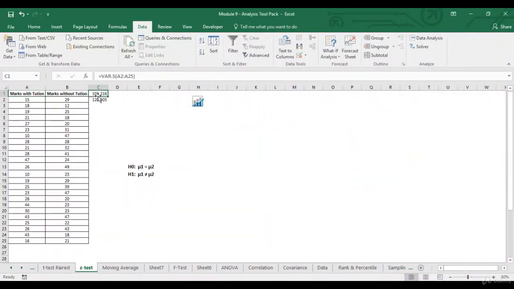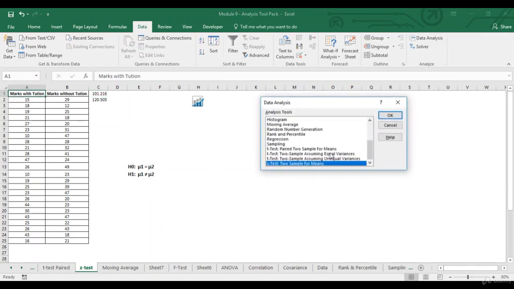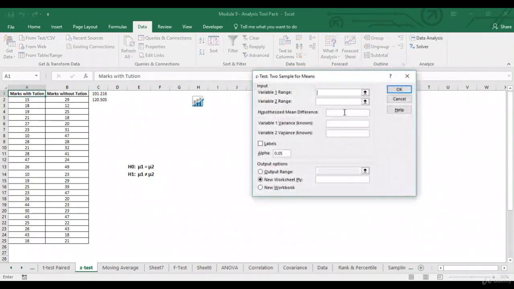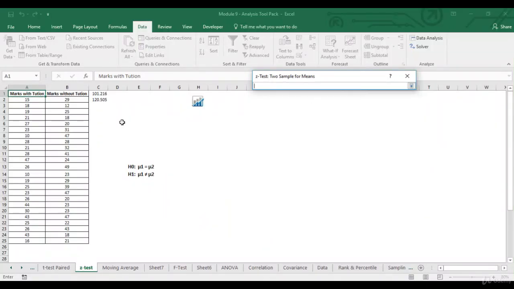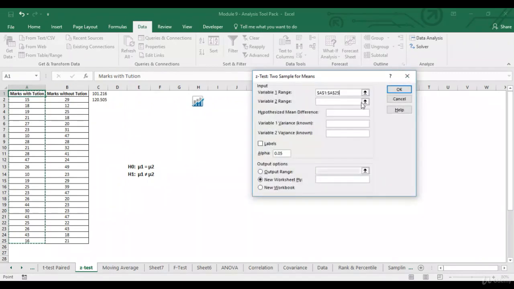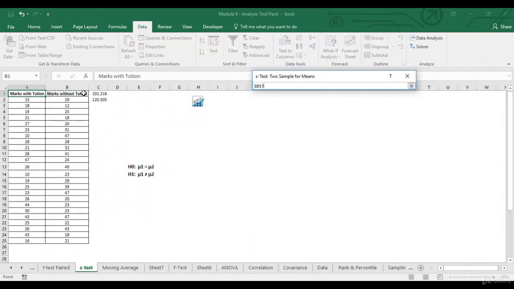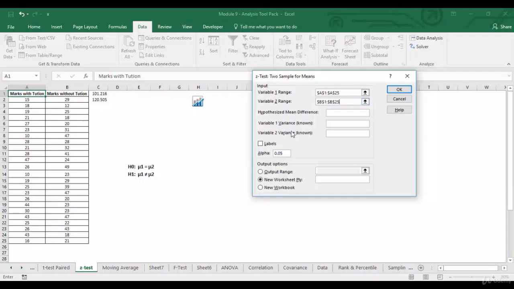So I've calculated the variance for both these samples using the formula VAR.S. So this will give the variance of the two populations. Let's go back. Variable one range, variable two range. Let's say that the mean difference is 0.